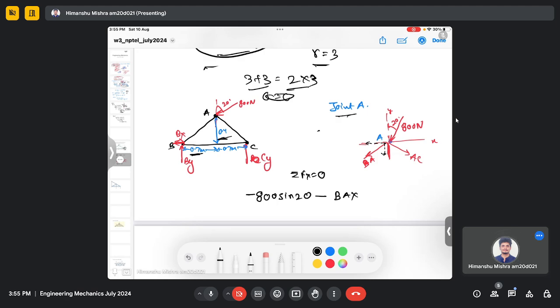So if this is 4, this is 7, then this will be root 65, and here the force AB is acting, and we need this component of force, right? So it will be 7 by root 65.